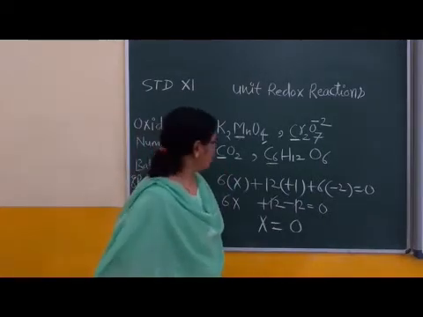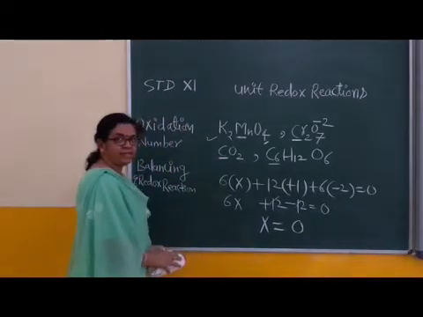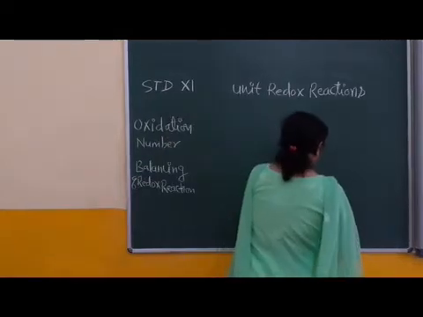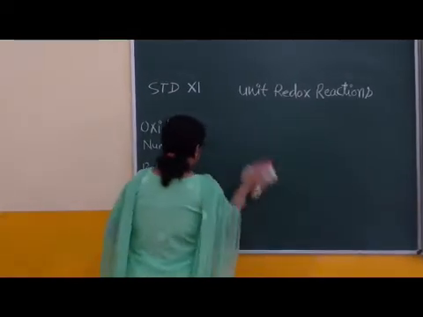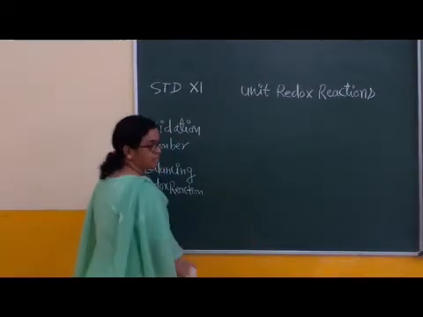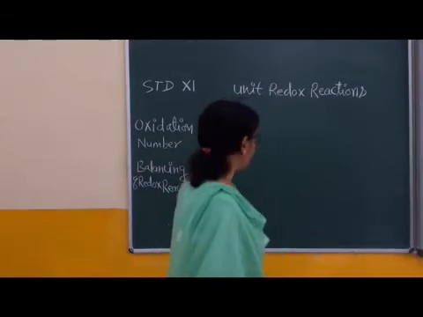Okay, children. Now next is the balancing of redox reactions in different media, acidic medium and basic medium. First of all, identify the oxidation half, then the reduction half, then balancing of each half, and last is the addition of the balanced oxidation half and reduction half.